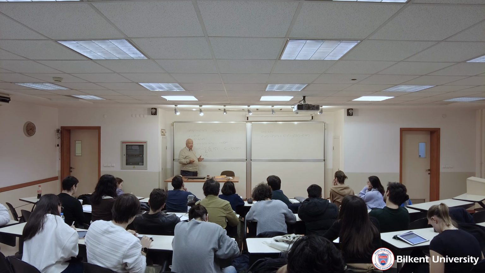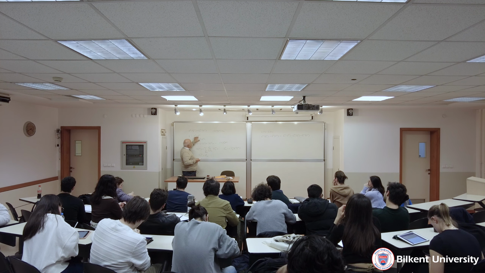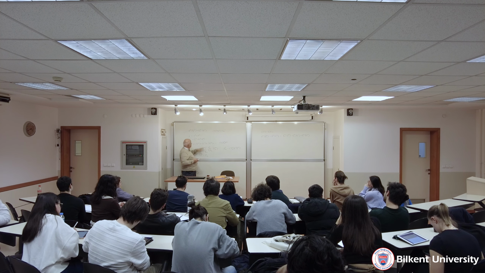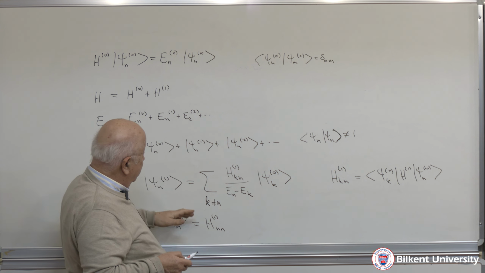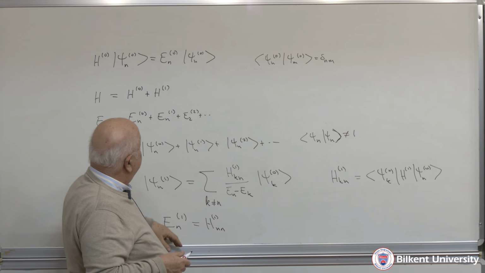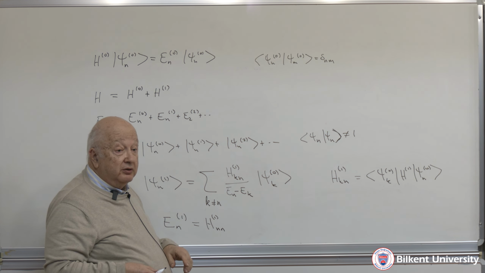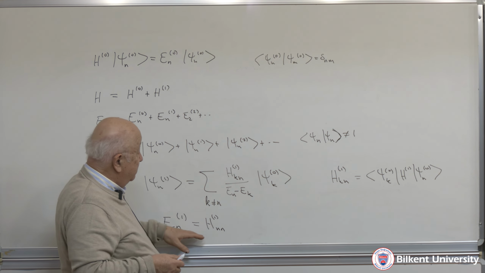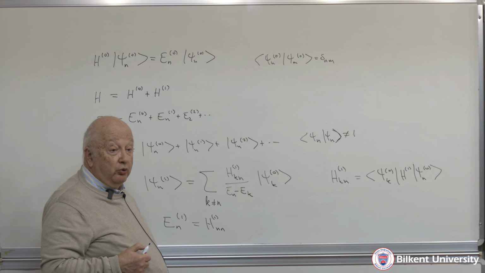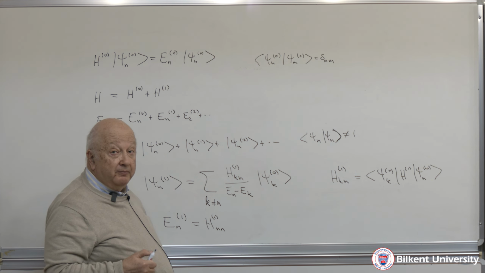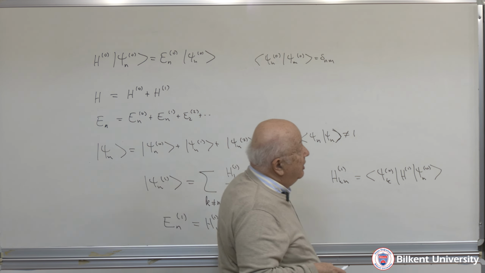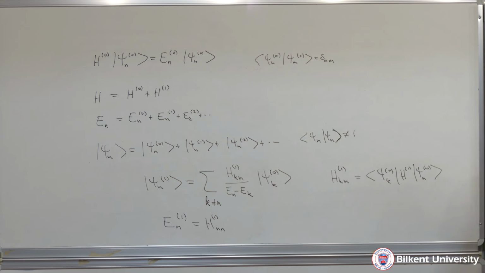Think of this as if you are writing a function. The energy is a function of this perturbation. It doesn't have to be linear. If it's a nonlinear function, it's going to have corrections to all orders. All right.